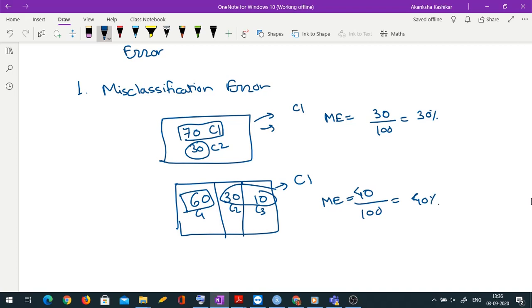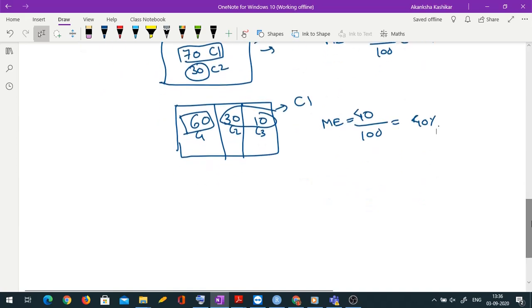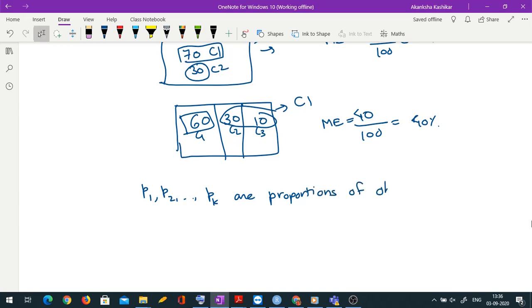Okay. So in general, if I want to define it in terms of notation, how would I define misclassification error for a given node? So if p1, p2, ..., pk are the proportions of observations from the k classes respectively, then for computing misclassification, what we have to do?